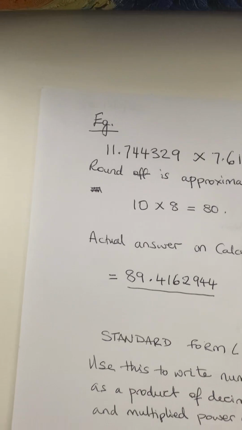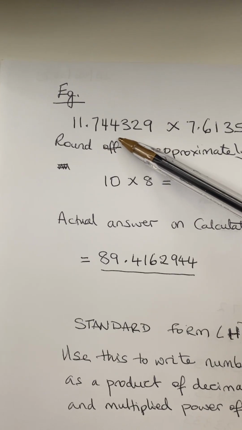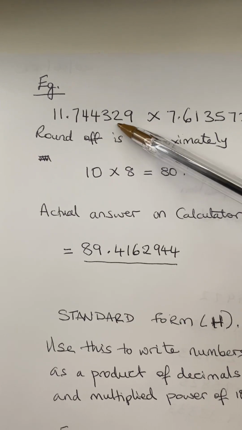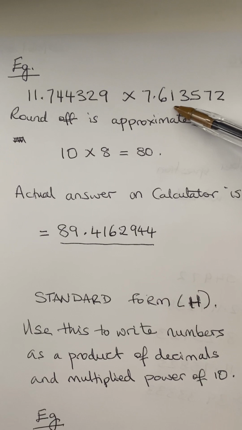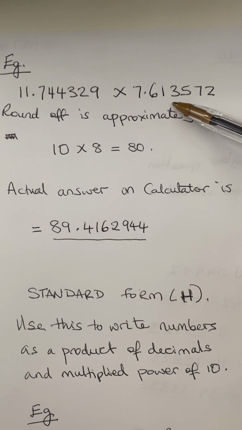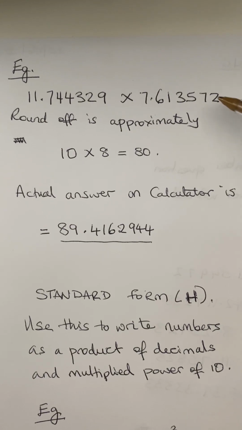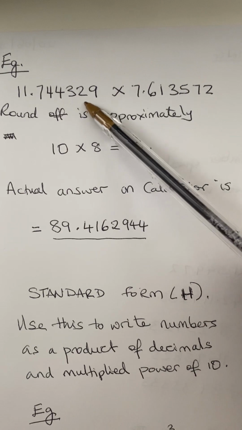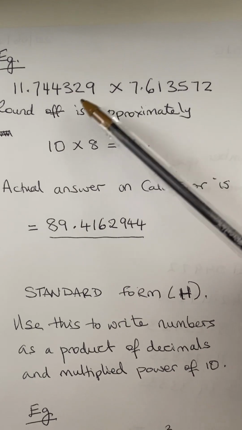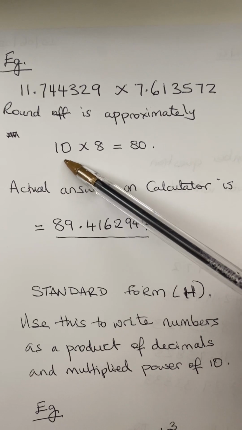So look at this figure now that we have seen: 11.744329 times 7.613572. If I round off this 11.7, I'll use 10.